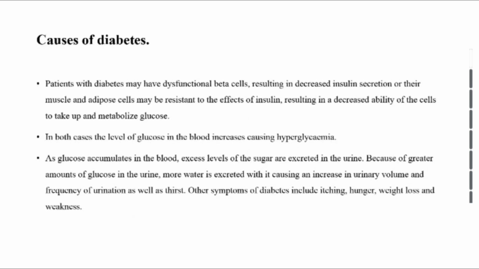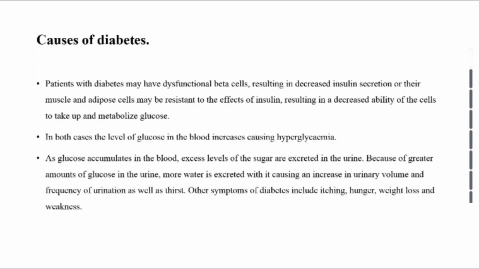So patients with diabetes may have dysfunctional beta cells, resulting in decreased insulin secretion, or their muscles and adipose cells may be resistant to the effect of insulin, resulting in a decreased ability of these cells to take up and metabolize glucose.